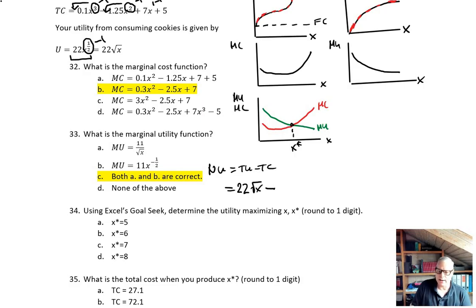Now minus, I put parentheses, and now we put the total cost function there: 0.1x cubed minus 1.25x squared plus 7x plus 5. So we try to maximize this one.